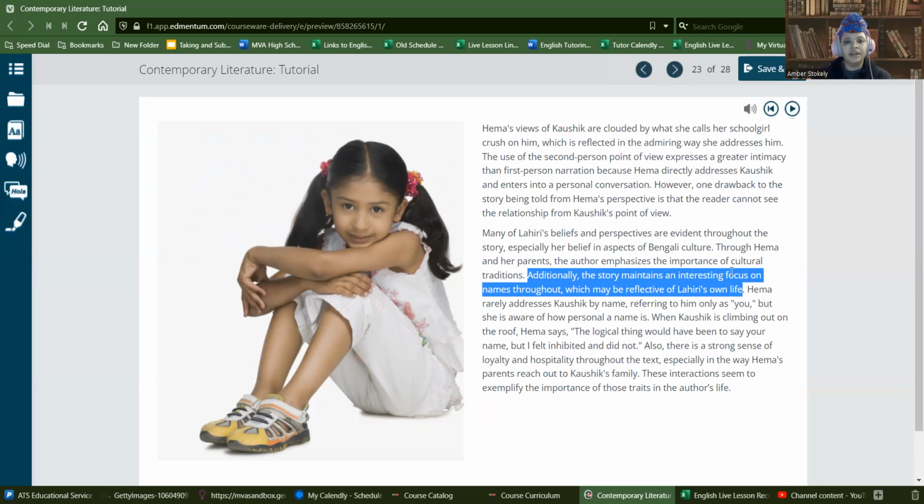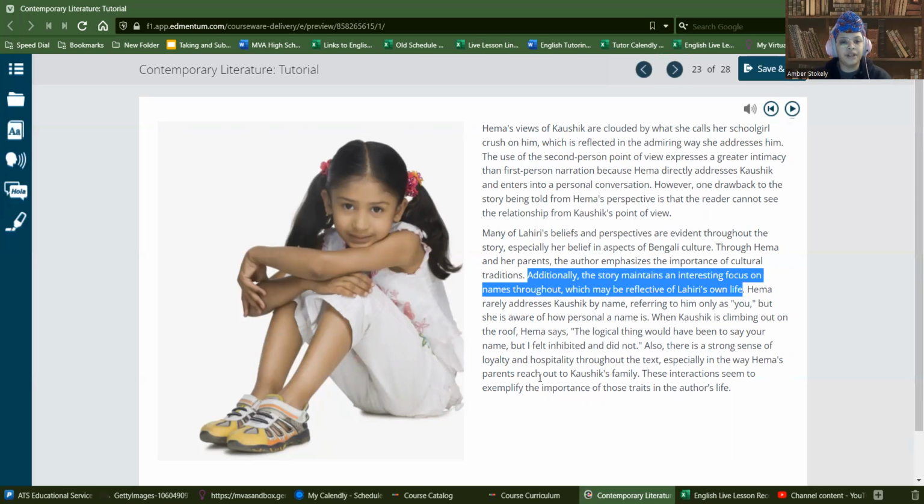If she calls Kaushik you most of the time, then it doesn't break the illusion to the reader that you are not Kaushik. But also it says a lot about Hima as a person that she doesn't use Kaushik's name within the story itself. So that's important to notice.